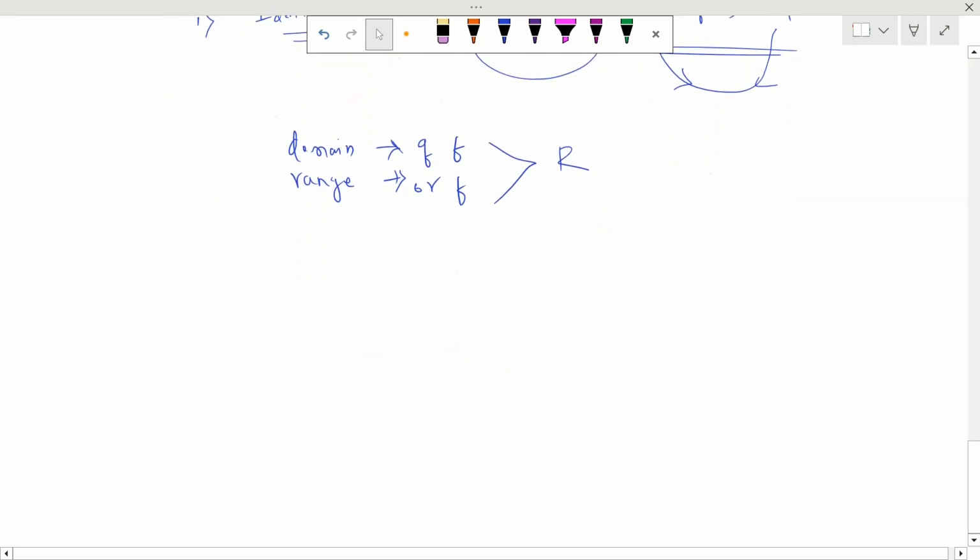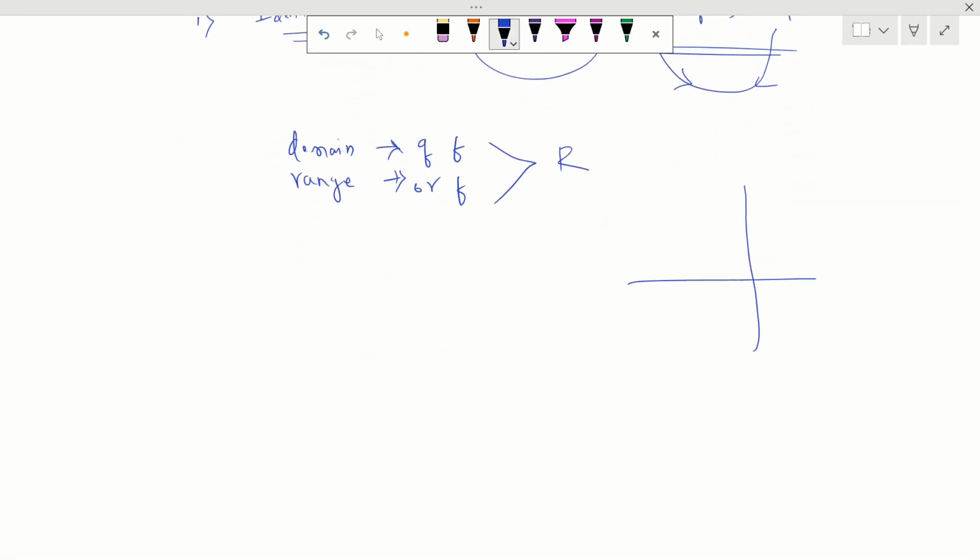Suppose we plot a graph: this is the positive x direction and this is the negative x direction, this is positive y and this is negative y direction. The domain and range of the function relation is the set of all real numbers.